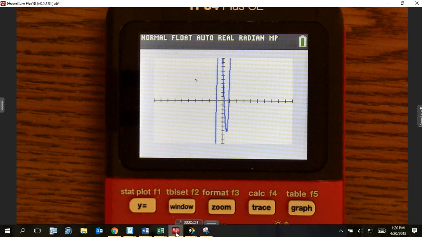If your graph looks all funky, maybe hit Z6. Otherwise, maybe you typed it in wrong. And do I have any errors you can help with?